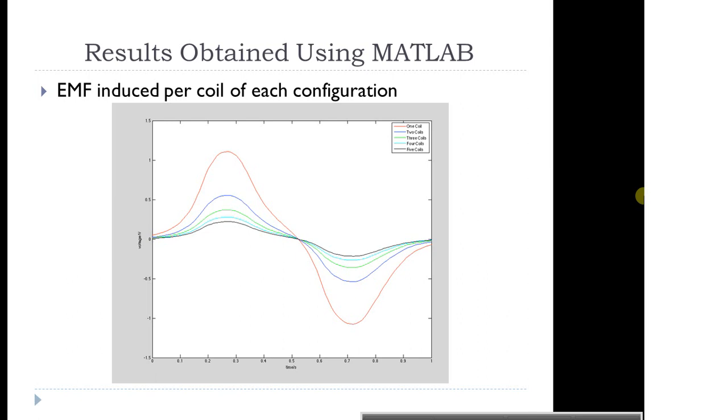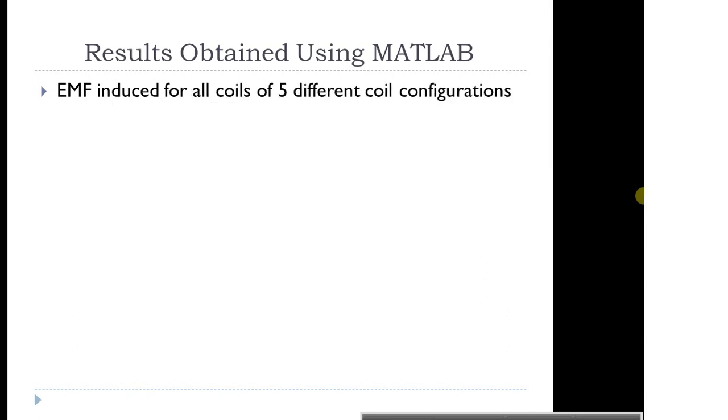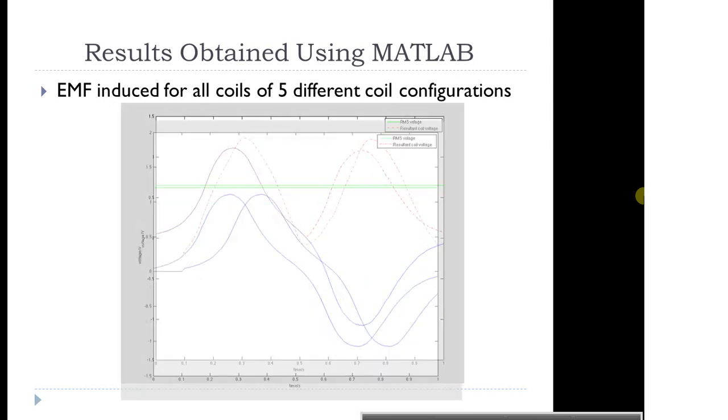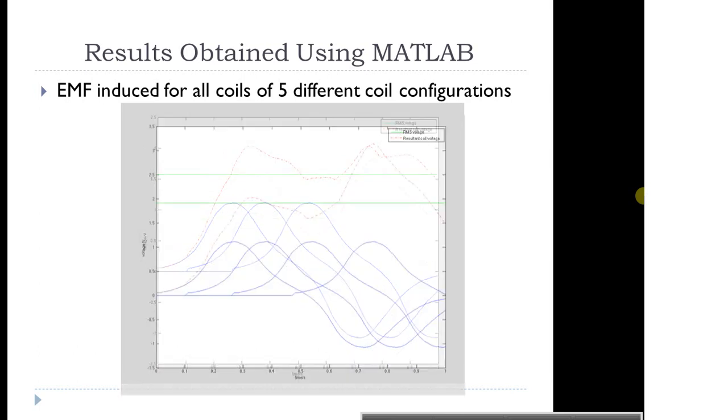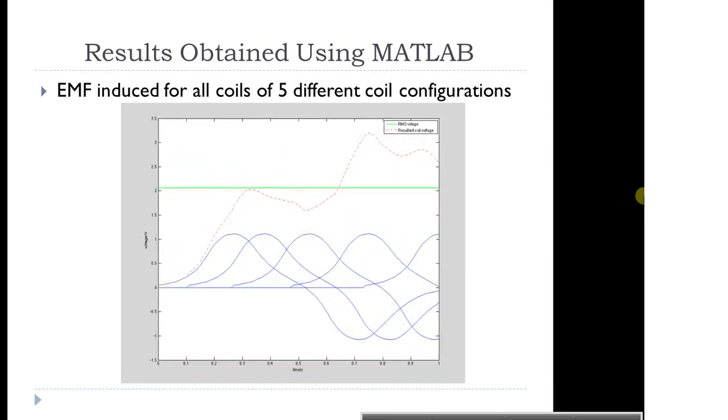Now, what will happen when we look at the collective arrangement of coils in the configuration? Well, we examine the voltage time graphs for each configuration as seen here. The red line represents the resultant voltage, the blue line represents the individual coil voltage, and the green line is the resultant RMS voltage.